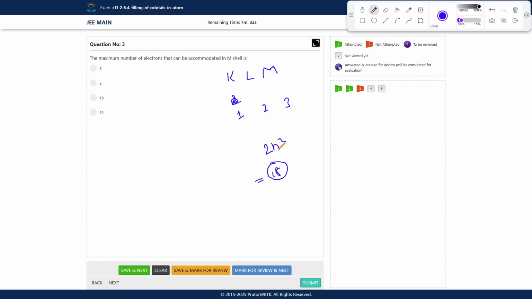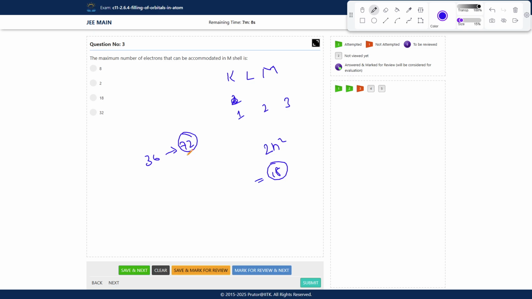I think it is incorrect. What is the number of orbitals? No, it is not 36. If there are 36 orbitals, that means there will be 72 electrons, because each orbital can contain 2 electrons. So again, I am giving you a hint.